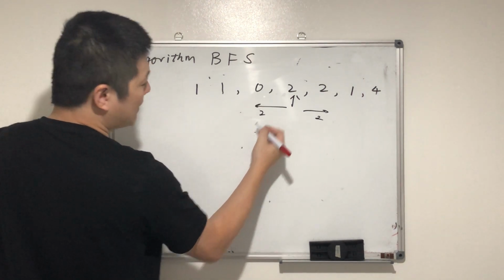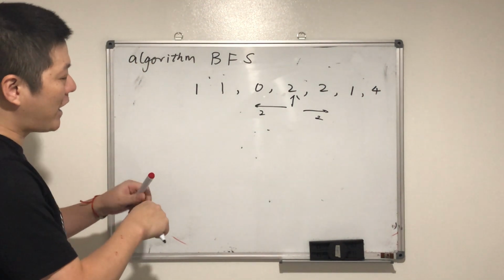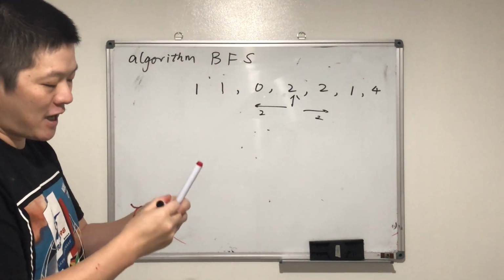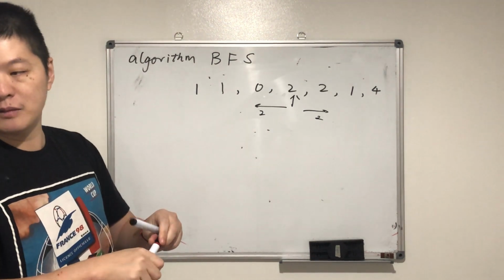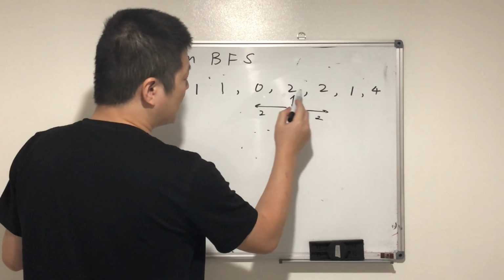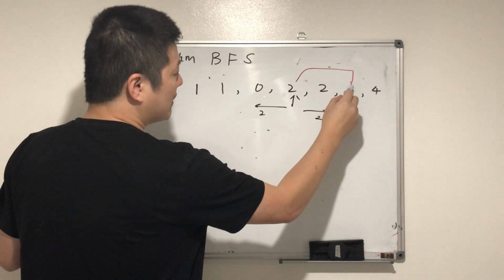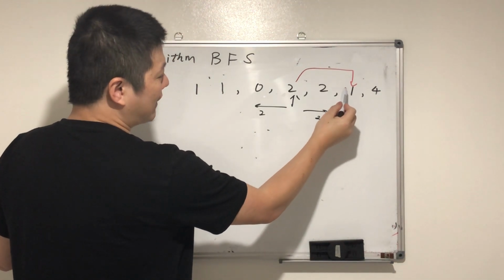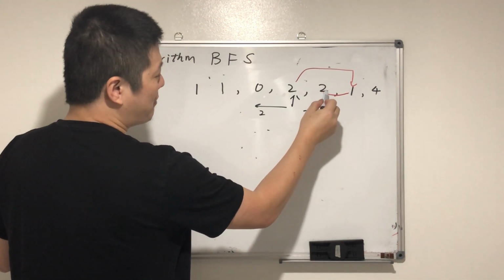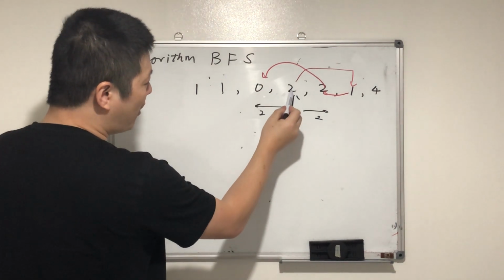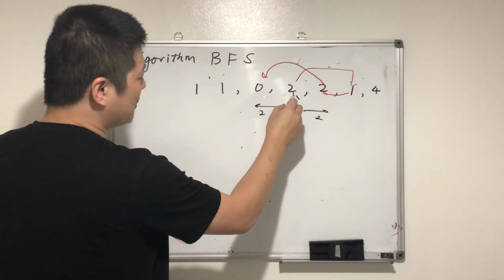One way of jumping to this 0 is, Eric, look at me, to go to here, and then I'm on 1, and then go back to 2, then here. There are many ways.